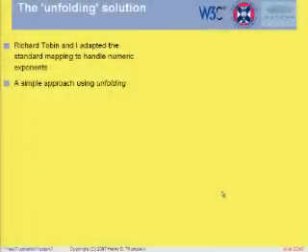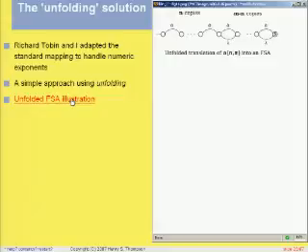Instead of doing that, when we came to implement this in W3C XML Schema, Richard and I adapted the Thompson mapping, the old original Thompson mapping, to handle numeric exponents using unfolding. So here's an unfolded finite state automaton to translate a{n,m} into a finite state automaton. It's just what you would expect.